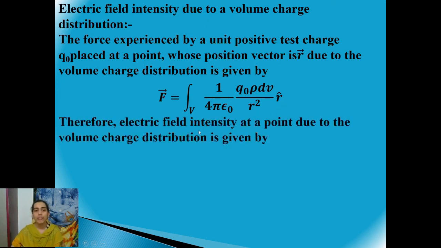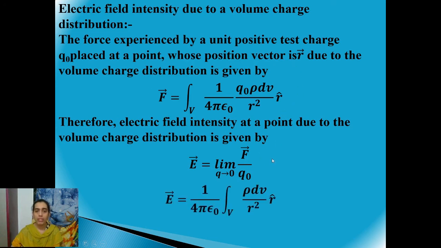Now according to the definition of electric field intensity, vector E is equal to the limit of vector F over Q naught as Q tends to 0. Substituting the value of vector F from the above equation, we get the final expression for electric field intensity due to a volume charge distribution, that is 1 over 4 pi epsilon naught integral of rho into dV divided by r square into r cap.